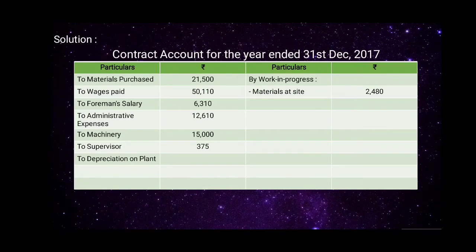So we'll record it in the contract account on the debit side. To depreciation on plant, amount will be 560.